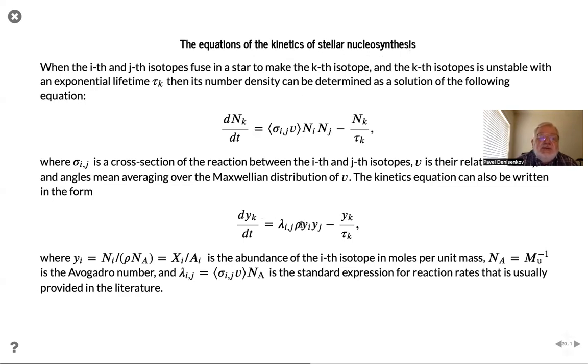These equations are important for you and for me, because we are going to study nuclear astrophysics, assuming that stellar structure and its evolution, its change with time, are provided by a stellar evolution code. In our case, in most cases this will be the MESA stellar evolution code. So we are not going to care much about stellar structure and evolution.